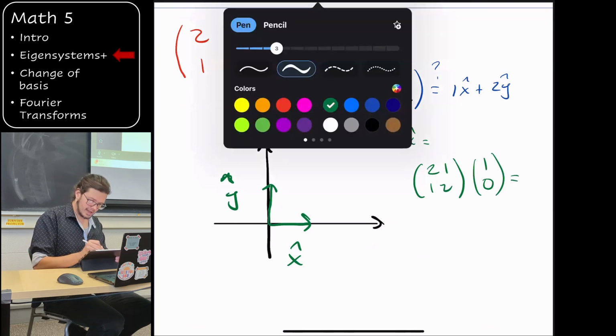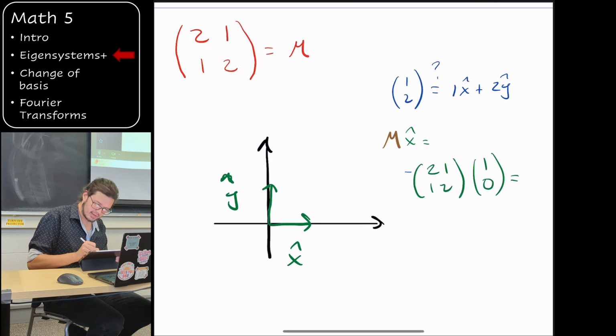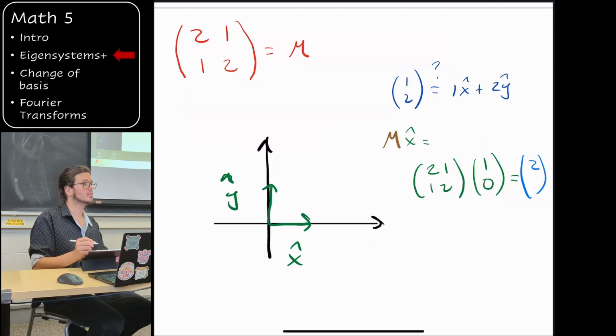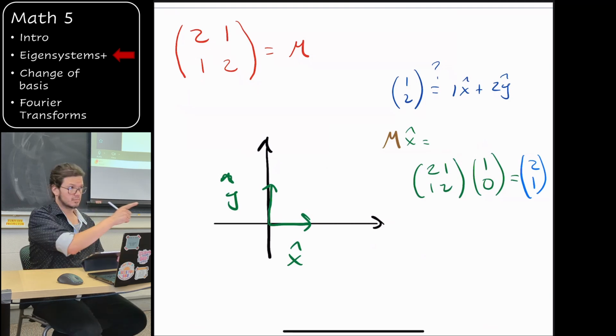So I imagine you have multiplied matrices before, but just in case, you grab this and you multiply by this, and that is going to give you 2 times 1 plus 1 times 0, that is 2. And then this multiplying this is what gives you this entry. Is everybody okay in how to multiply matrices, or that is something that you would like me to go over? Matrices times vectors. So how much is the second entry? 1. Perfect.